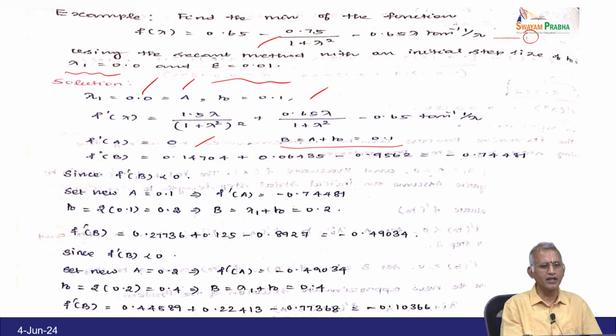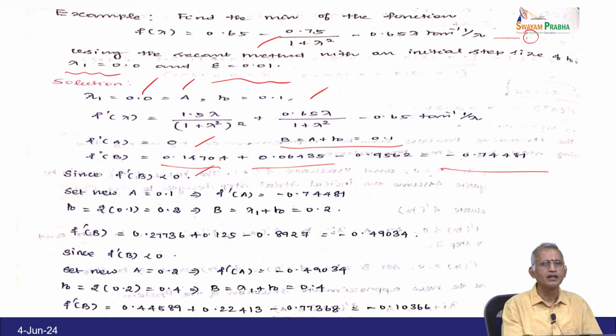Therefore, f dash of B equal to 0.1470 plus 0.06435 minus 0.9562. So the net value is minus 0.74481.